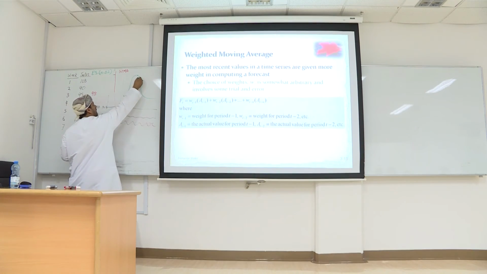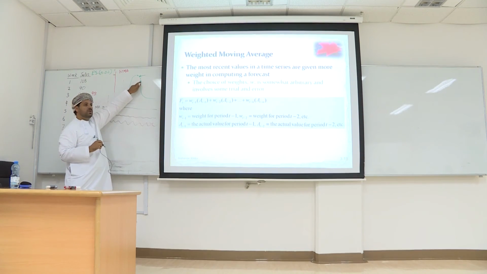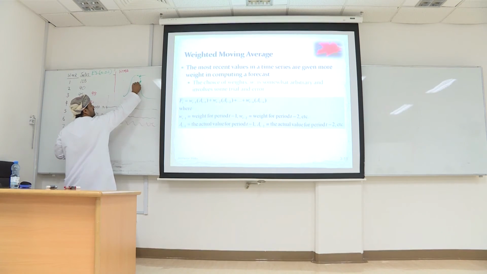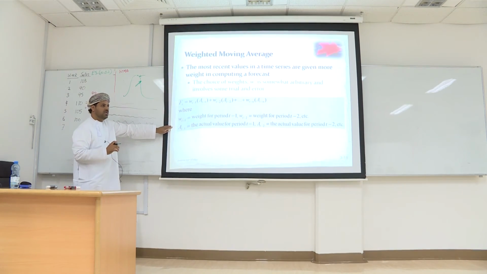You will take the average of these 3. If the distance between each and the other one is equal, then most likely the average will be this one, isn't it? But is that representative of this one? No, the new data has a decreasing pattern, isn't it? So most likely the new forecast should be less than the most recent one. It should be less. Therefore, this one will not give you an accurate forecast. It will not be able to capture the change in the seasonality. Again, if you take the weighted moving average, what can you do?